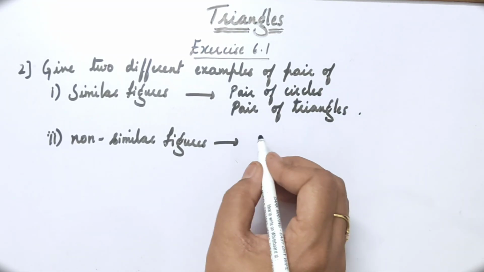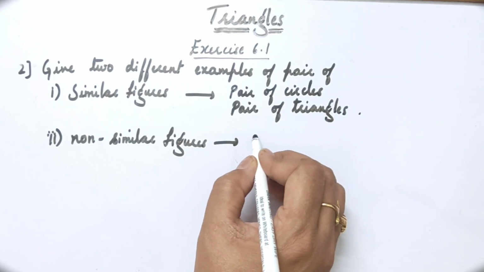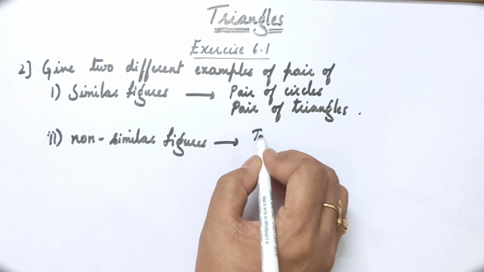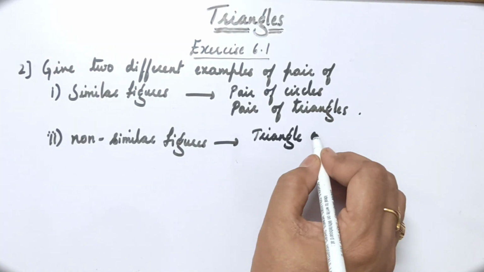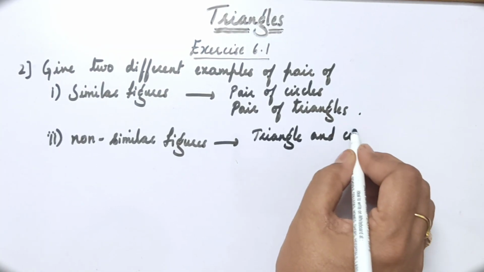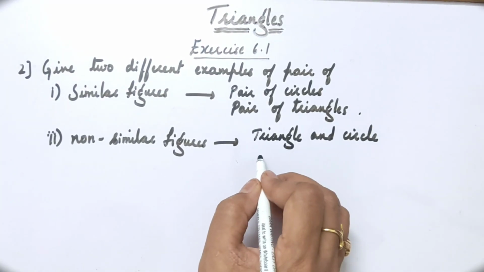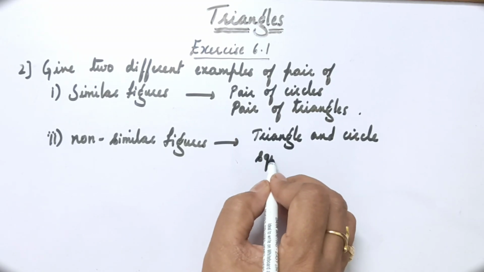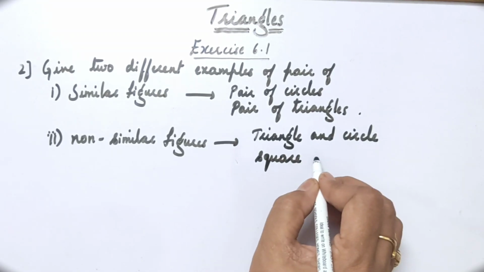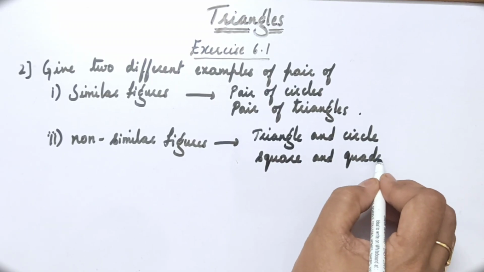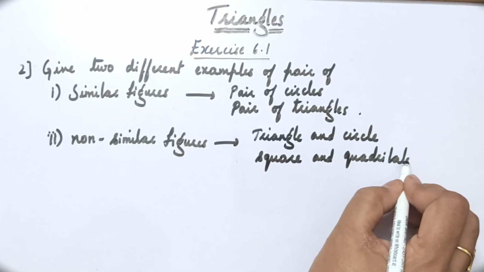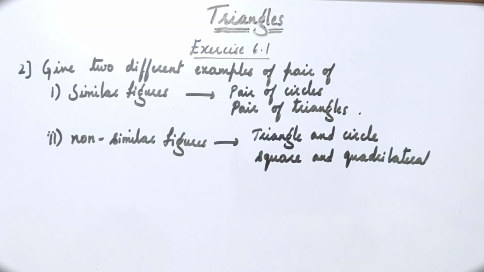Anything you can give as examples: triangle and circle, then square and quadrilateral, students.